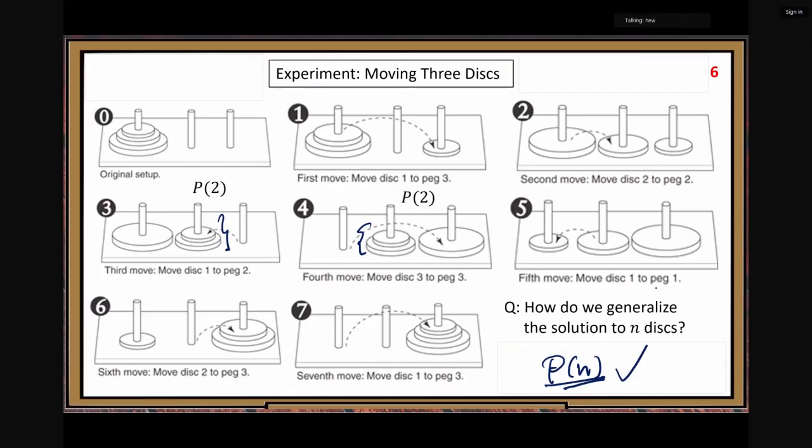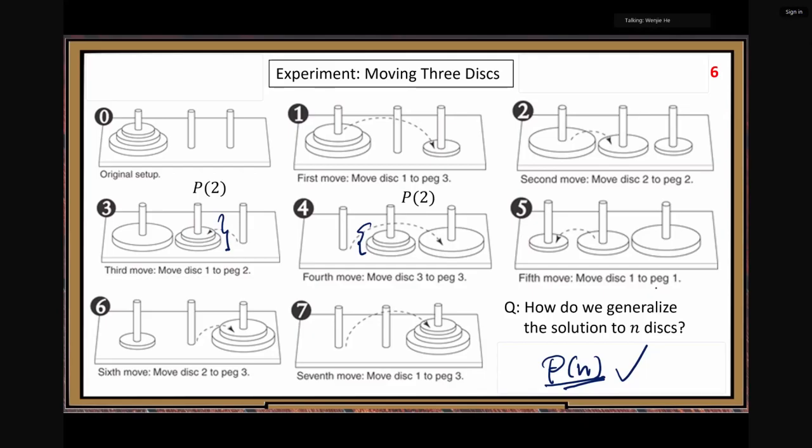Can we make that assumption? Do you feel okay to make that assumption? The solution of the n minus 1 disks available. Do you want to make that aggressive assumption, with this experience?